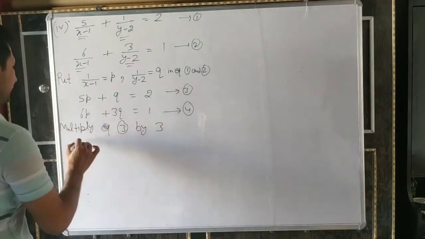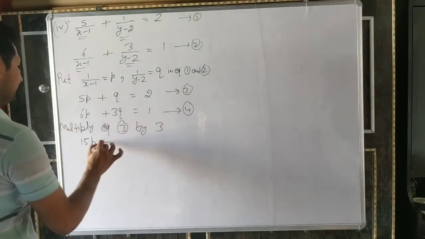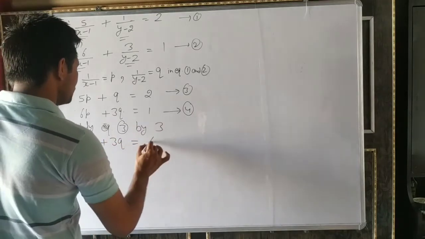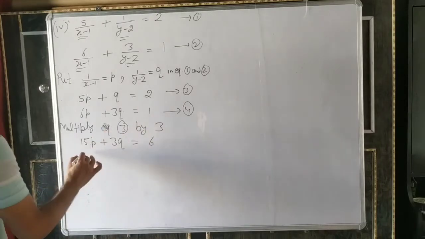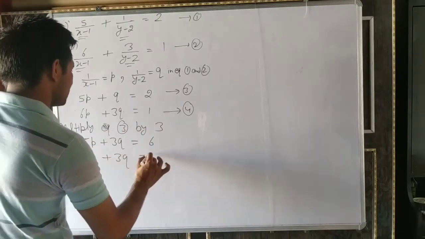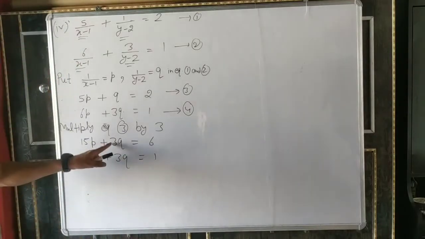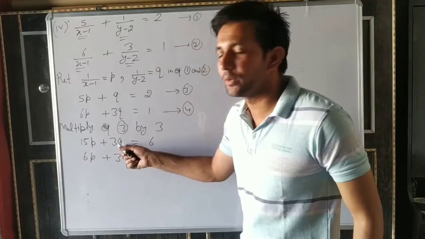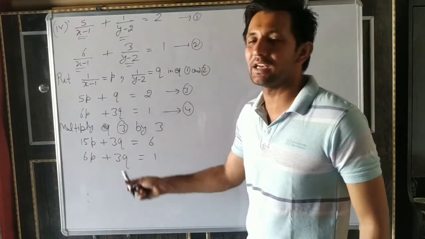So by 3, we get 15p plus 3q equal to 3 into 2, 6. Next, same as it is, 6p plus 3q equal to 1. Now we want to remove one variable, so how can we remove? One should be negative: 3q minus 3q.